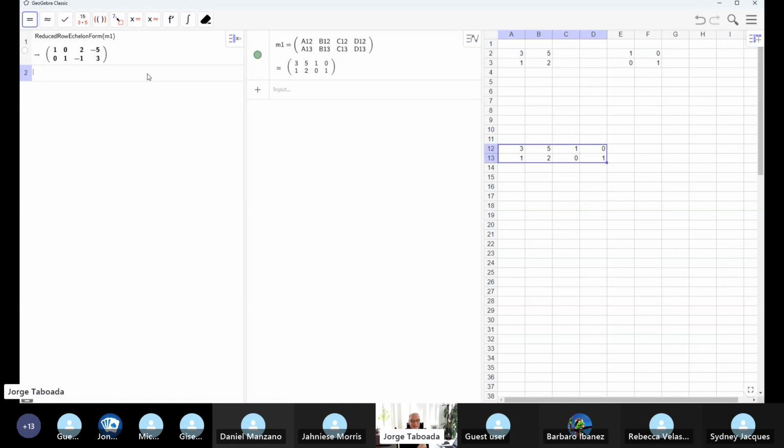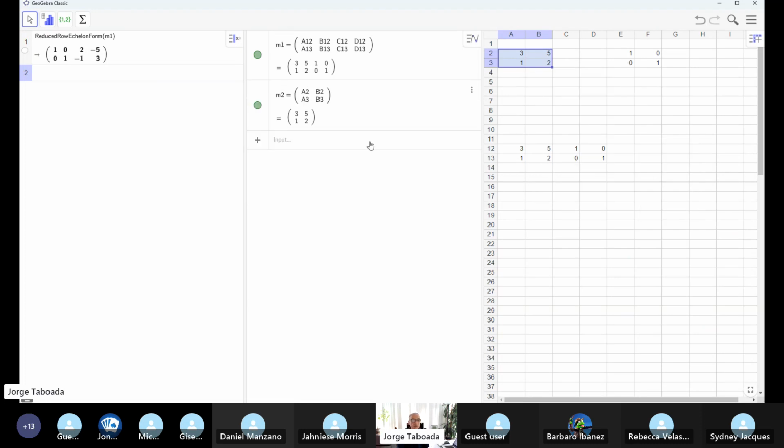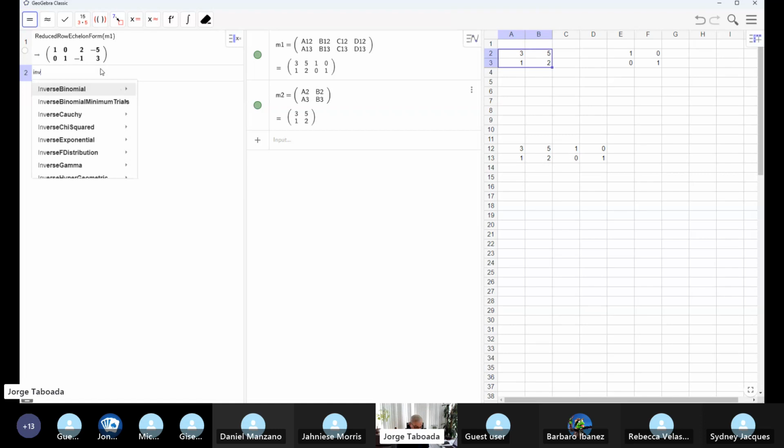Exactly the same as what we are doing in the other function that is invert. Do you remember invert? Let me create this matrix now. Wow, matrix 2, M2, and you put invert. In CAS you go invert, invert of what?